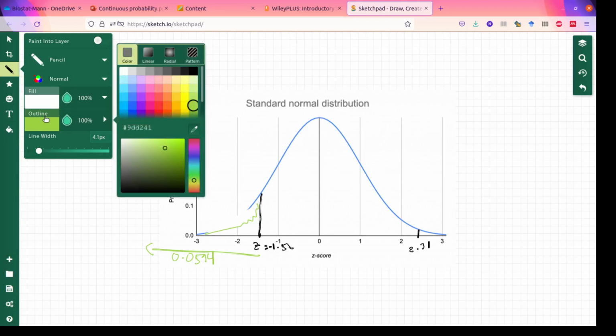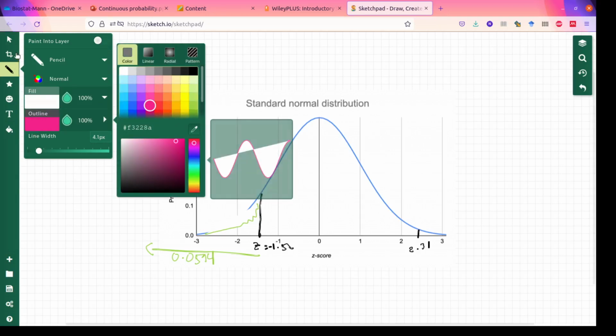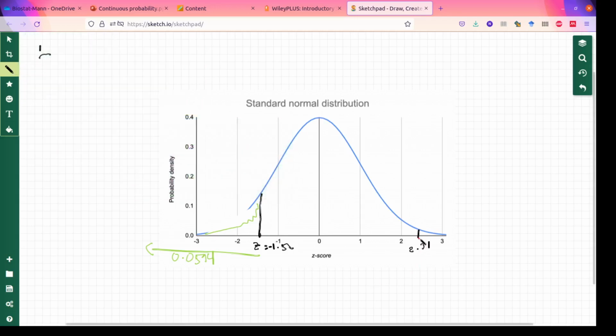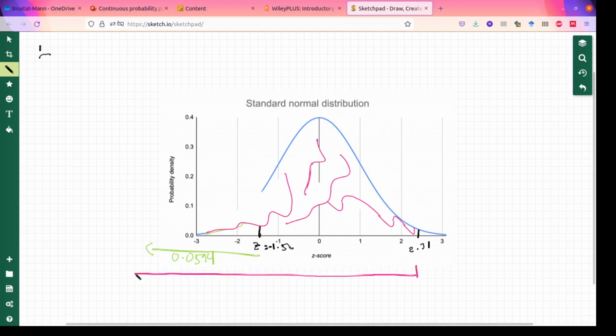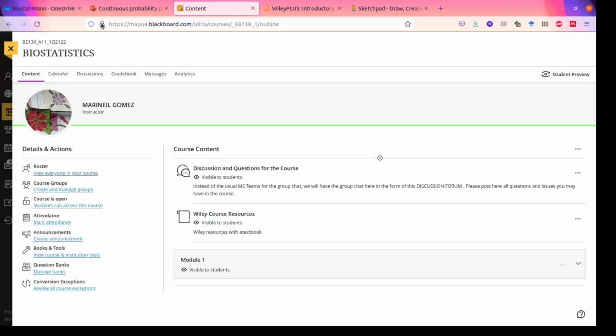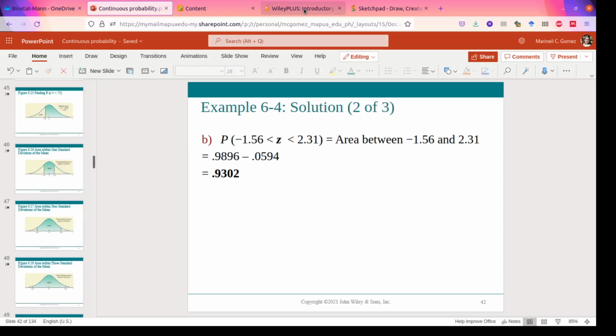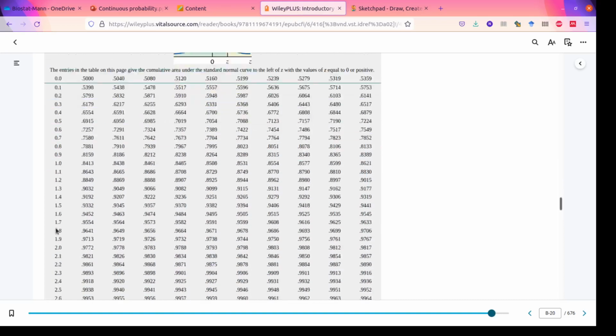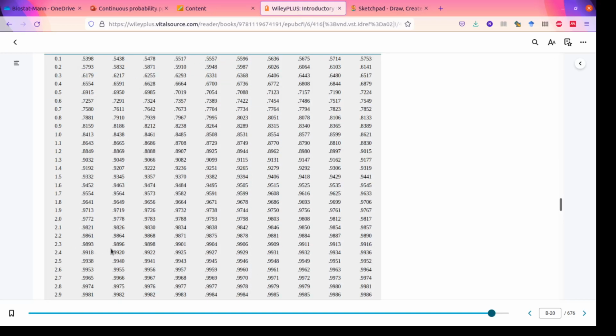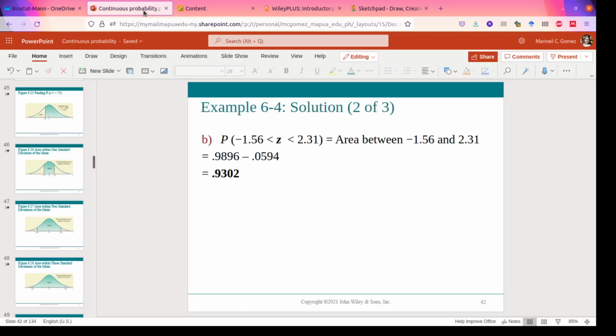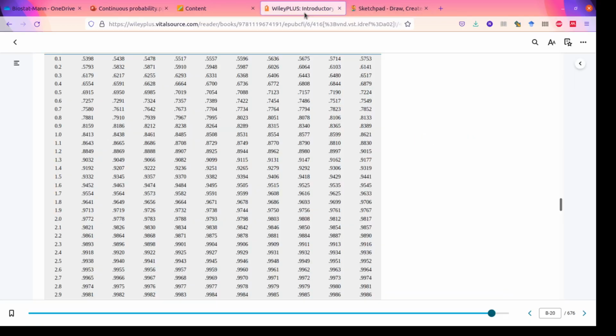And then for the other value, 2.31. Again, you want to know the value for 2.31. The data in the table gives us everything from 2.31 to the left. So looking at row 2.3 and column 1, this is 0.9896.